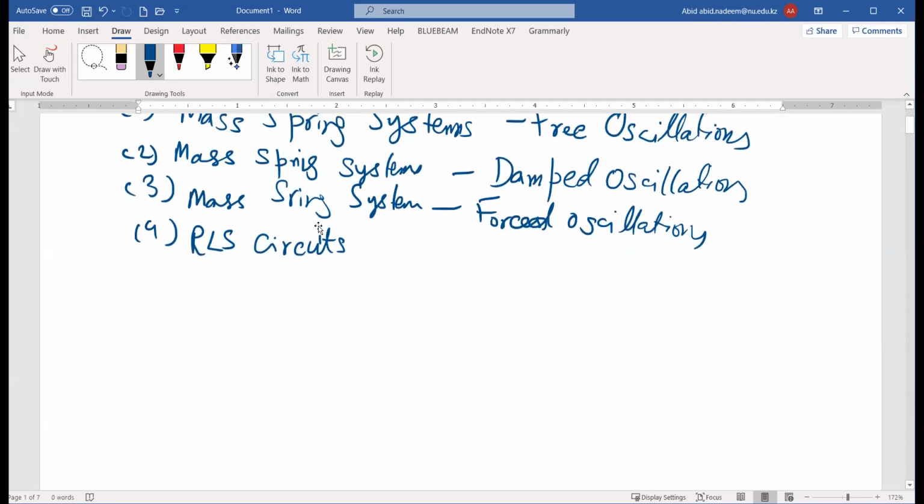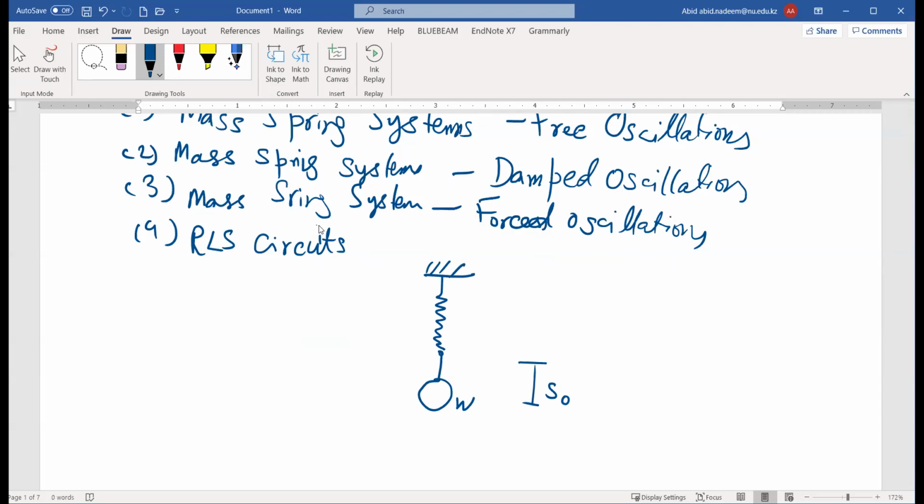So I have uploaded all the videos about these applications over here. I just now want to provide a little bit of explanation. So for example, you have a spring, and there is a mass hanging on the spring. That mass will have a weight, and that weight will push the spring down. If you hang a mass with the weight W, it will push the spring down by some distance S0, okay?